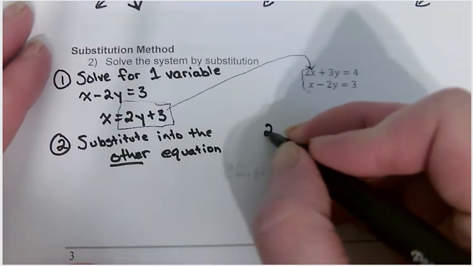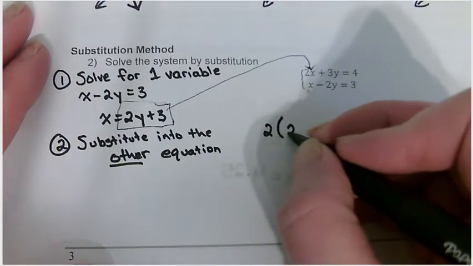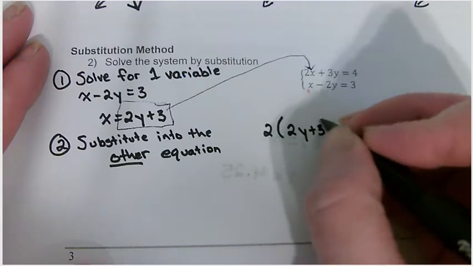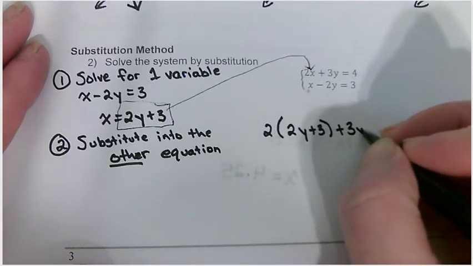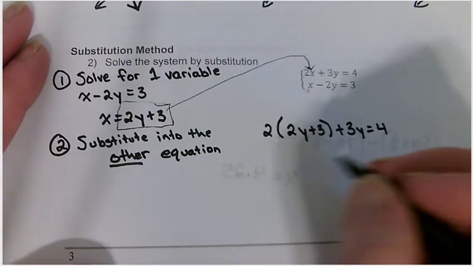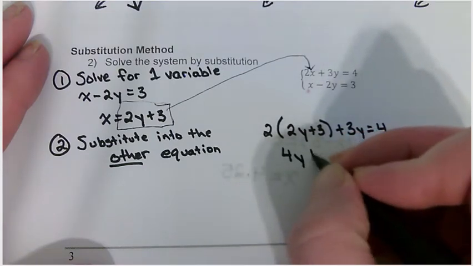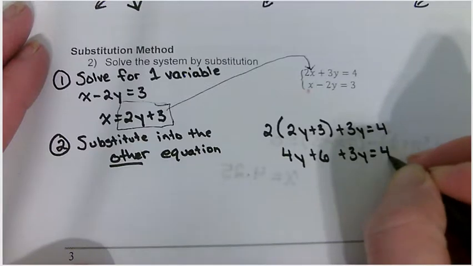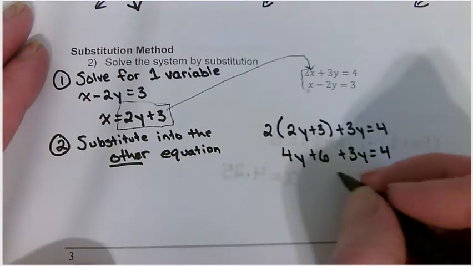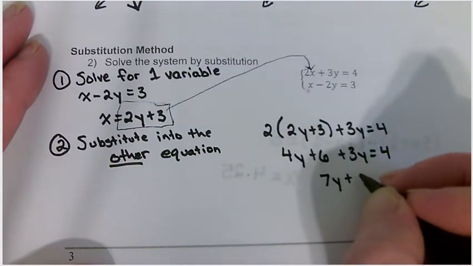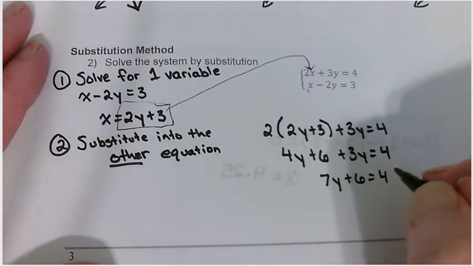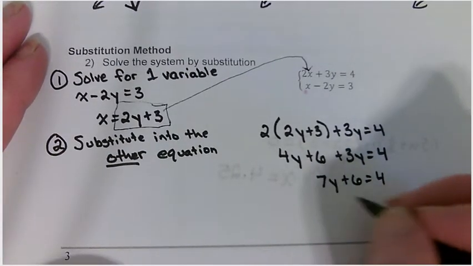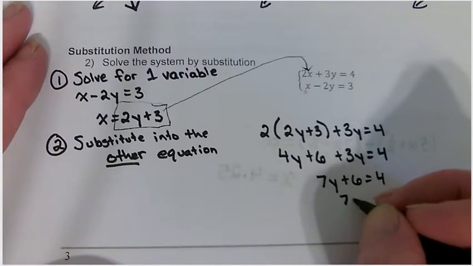So I end up getting 2 parentheses 2y plus 3 plus 3y equals 4. And now I only have one variable. Remember, these are on the same side, so they just combine. And then we subtract the 6.